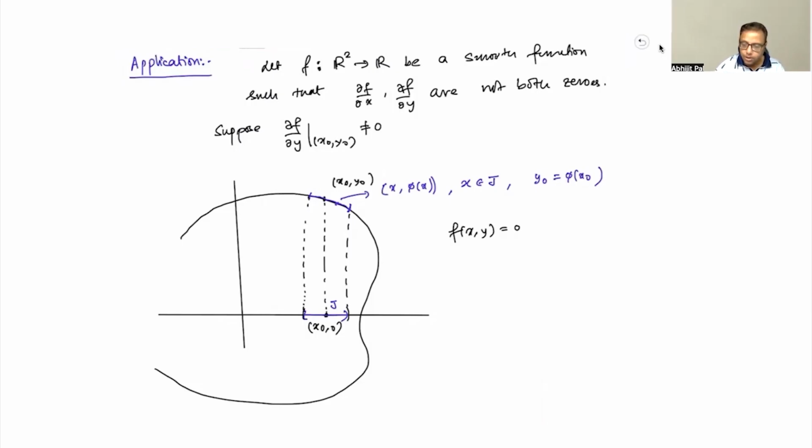Okay. So now once you have this, with the help of this you can determine the curvature of a level curve.